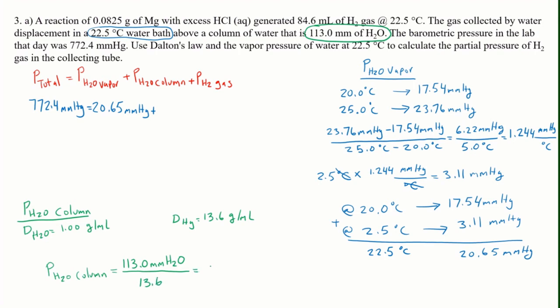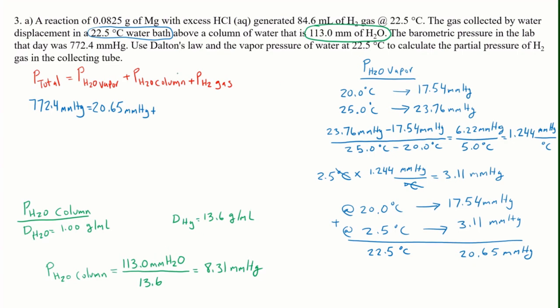If I do the math, this gives me 8.31 millimeters of mercury. Since mercury is more dense, the height of a mercury level will be much smaller than water. That's why mercury is used for a barometer versus water, because if we had to use water for a barometer, we would need the barometer to be the height of a building.